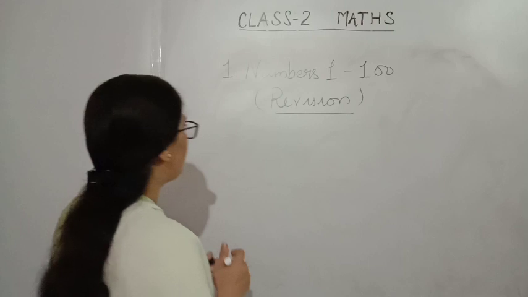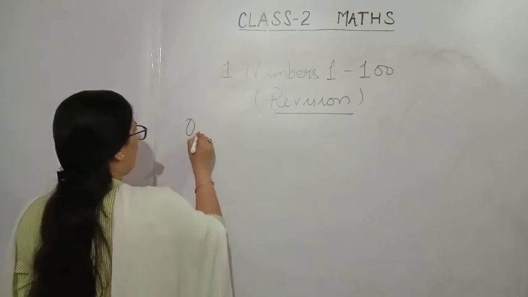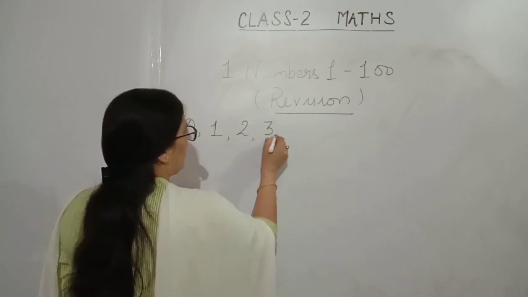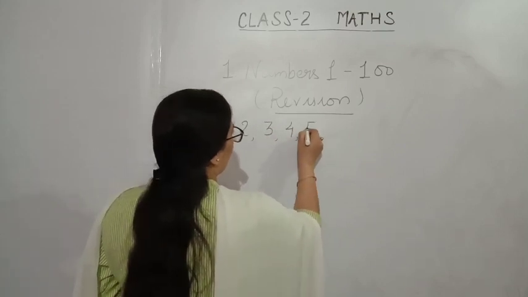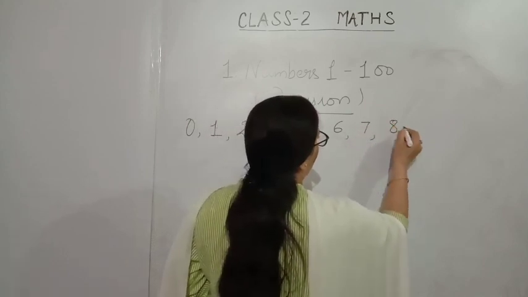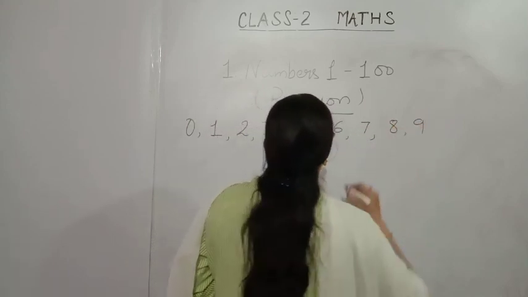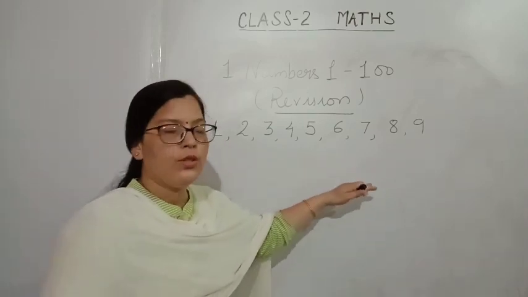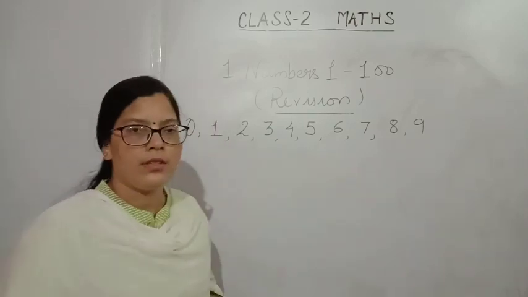Okay. And what are these digits? These are 0, 1, 2, 3, 4, 5, 6, 7, 8 and 9. These are the 10 digits which we use to form the numbers.